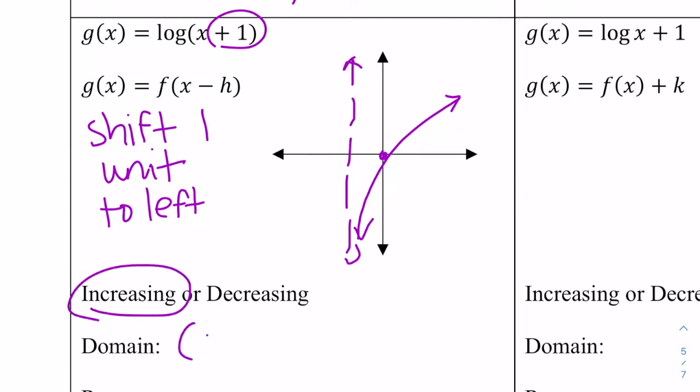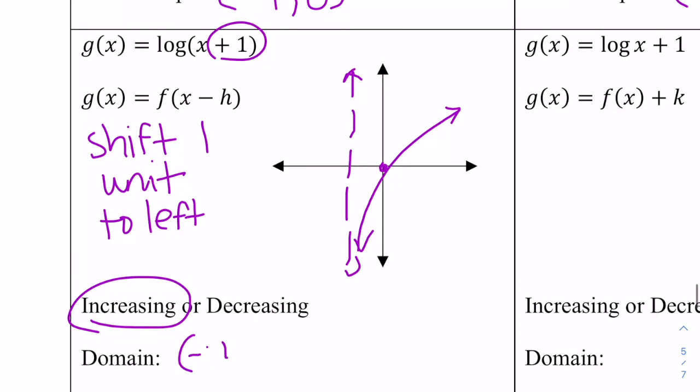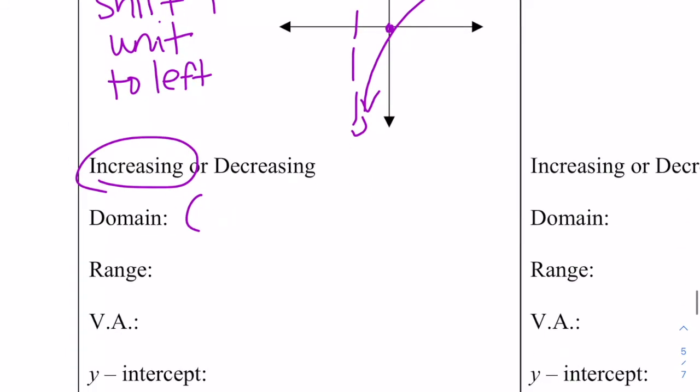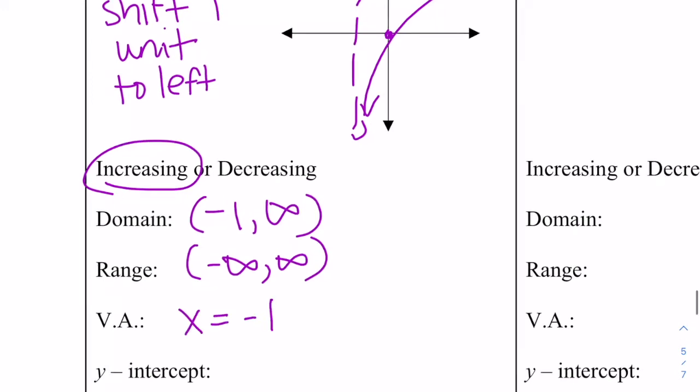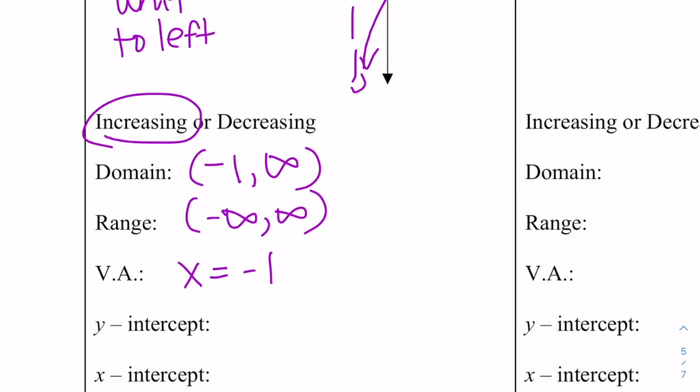The domain is now negative 1 to infinity. The range didn't change. This vertical asymptote did change to x equals negative 1. There is a y-intercept now because the x-intercept is now 0, 0.